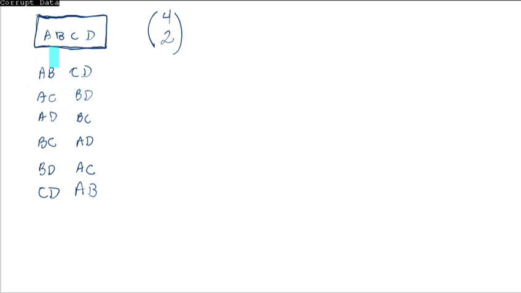If we are considering a label for the teams, so let's say that I'm considering this first column as team 1, and this one as team 2.